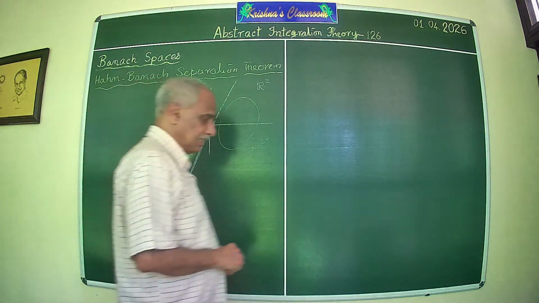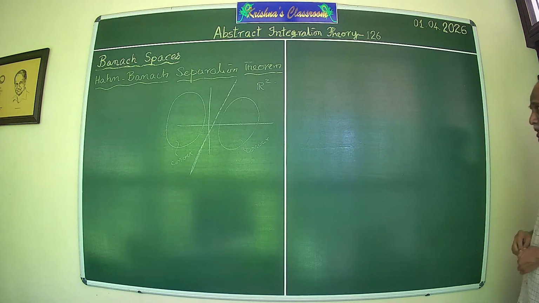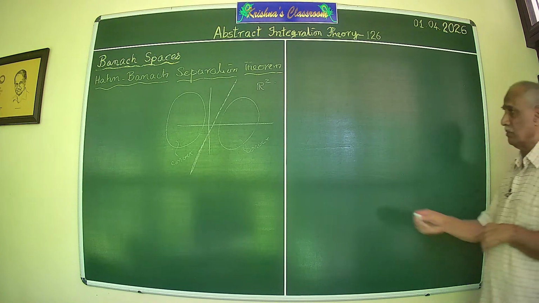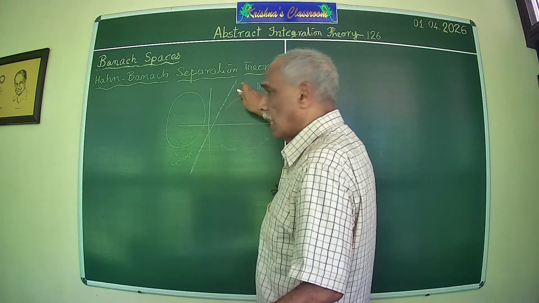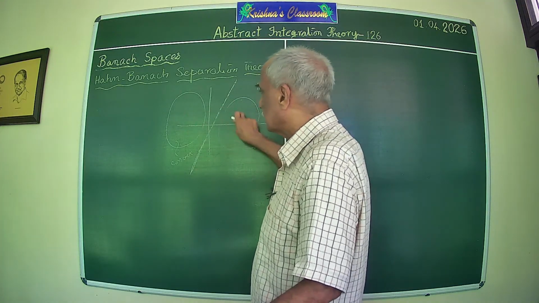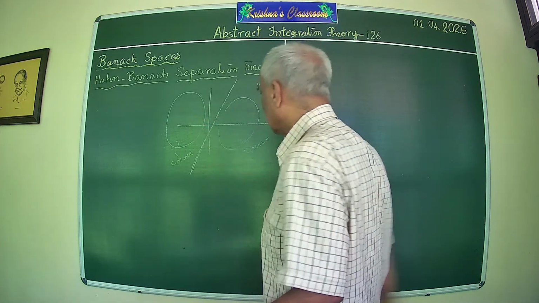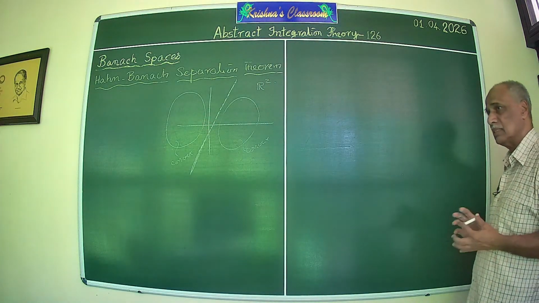A hyperspace is a subspace of R2. In this case, it's a line. So it's any straight line passing through. And with the property that this particular hyperplane does not intersect either of these regions. Okay, so this is the idea.